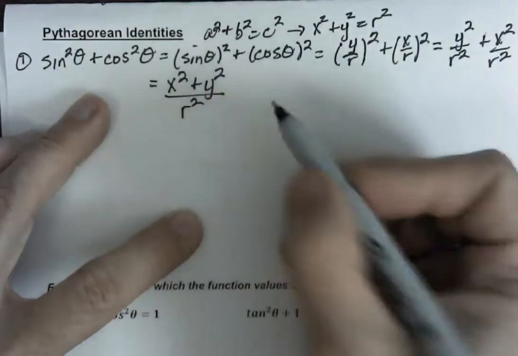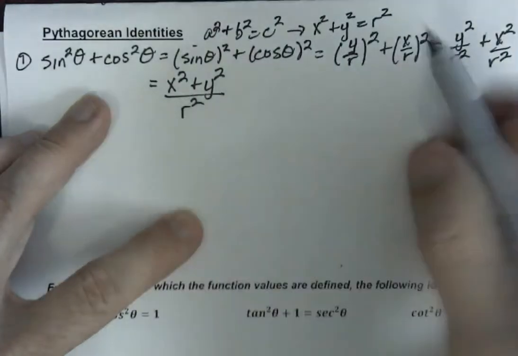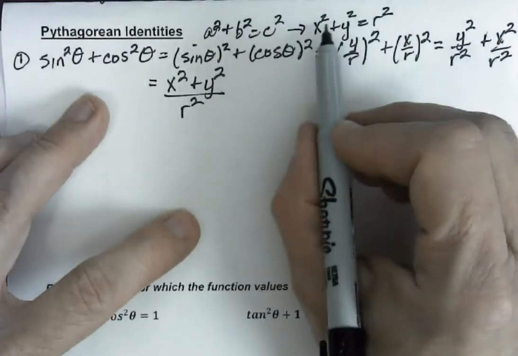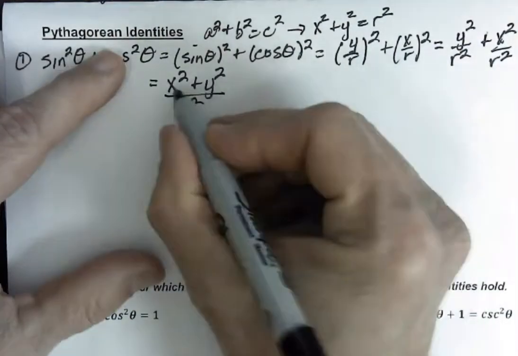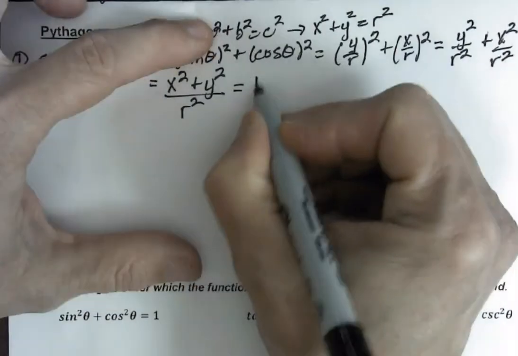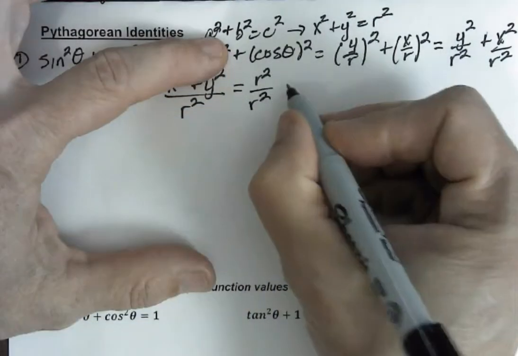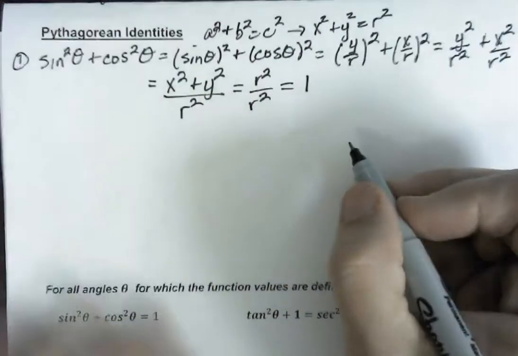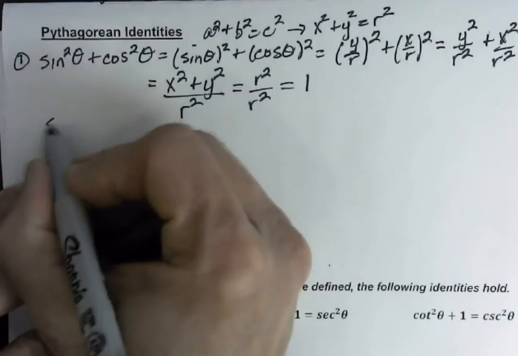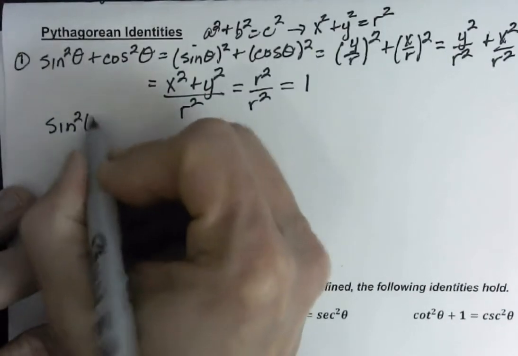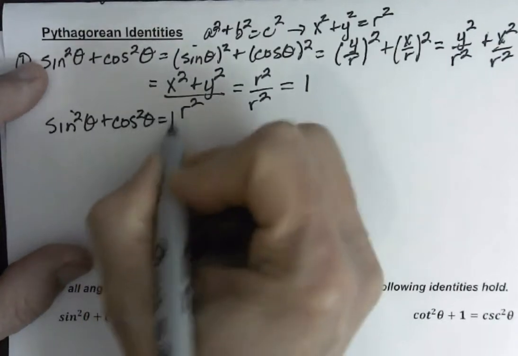So we have the x squared first and the y squared second. Now we're going to use our Pythagorean theorem. We know that x squared plus y squared is equal to r squared. So we can replace this whole numerator with r squared. Then we have r squared over r squared, which is just equal to 1. So what we end up with for this first identity is that sine squared theta plus cosine squared theta equals 1.